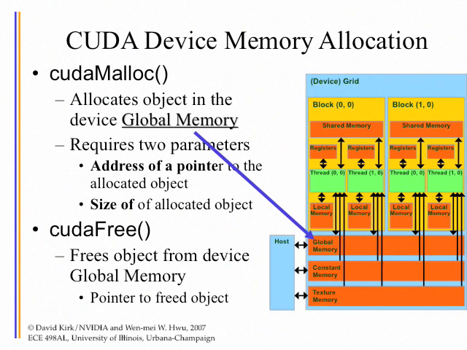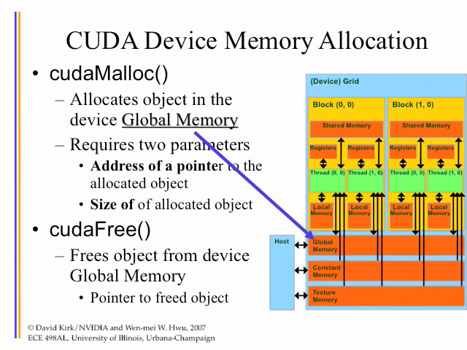One is the address of the pointer to the allocated object. The function is going to come back with the pointer value to you, so you need to give the address of the pointer so that it's a call by reference, and the function will put the pointer into that address and return it to you.